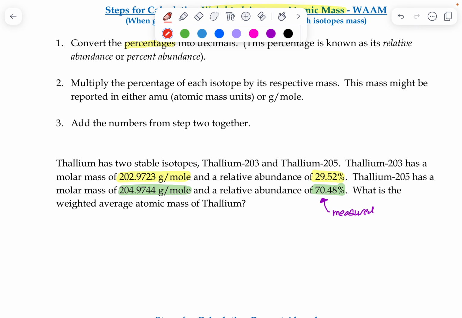Okay, so my first line there is I'm going to do the first percentage, switch it into a decimal. So instead of 29.52, I'm going to say 0.2952. And the other percentage, I'm going to make it be 0.7048 instead of 70.48.